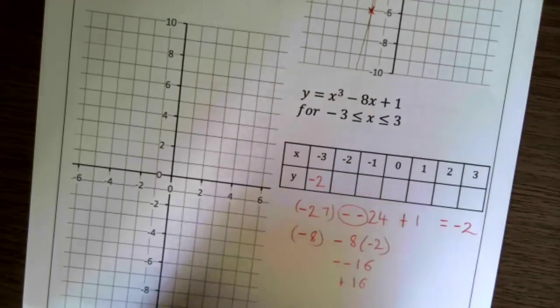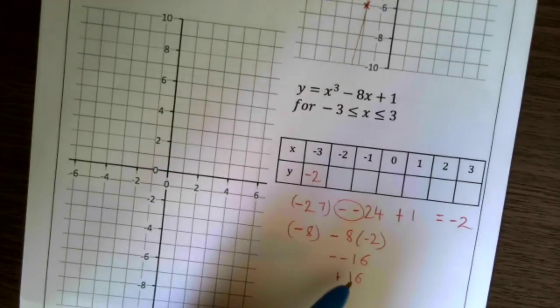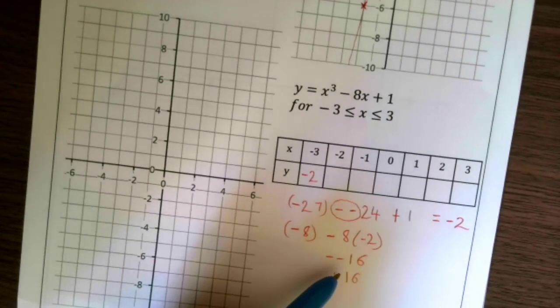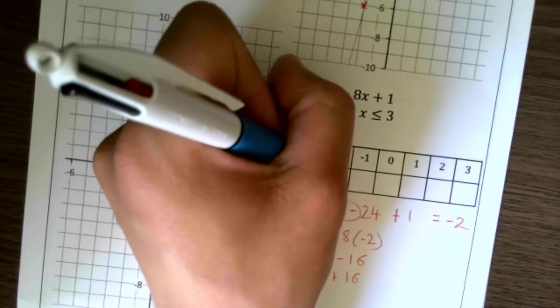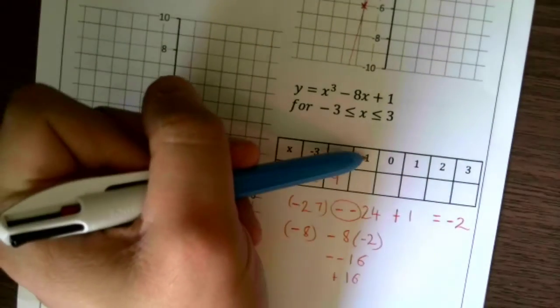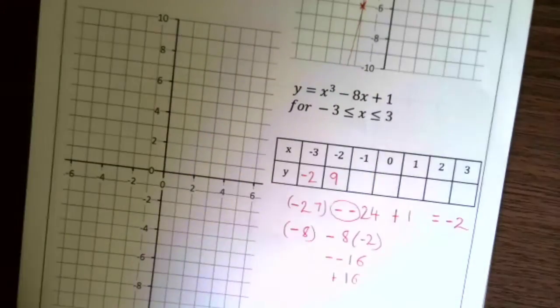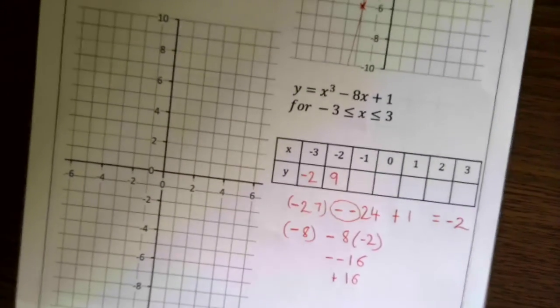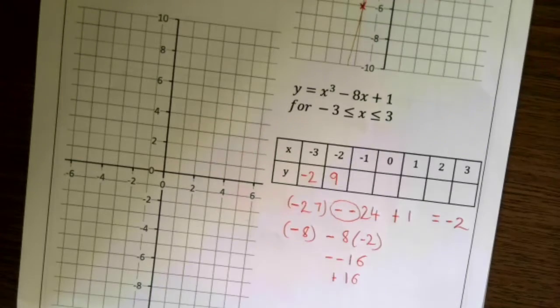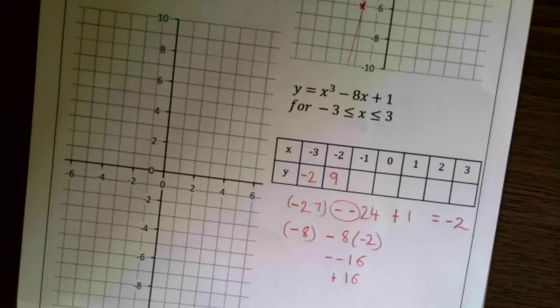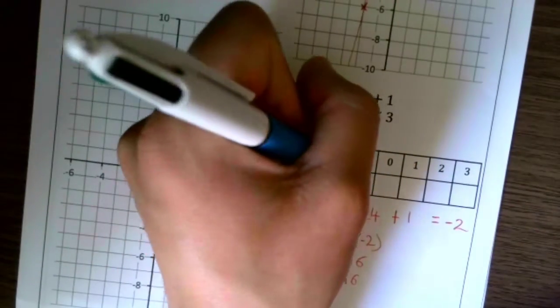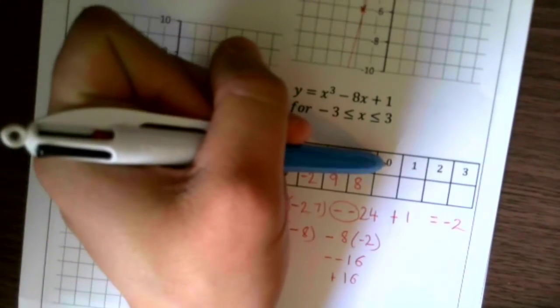So I've got -8 add 16. That's going to give me plus 8, and then add 1. So that's going to be 9. -1 cubed is -1. Take away 8 times by -1. So we're adding 8. So we're going to get 7. Plus 1 is 8.